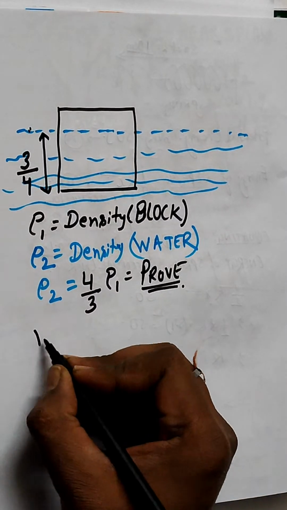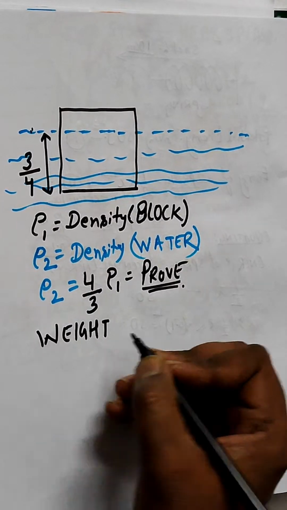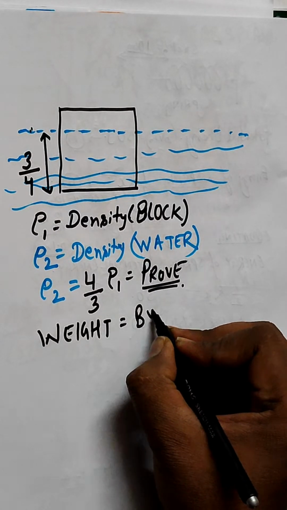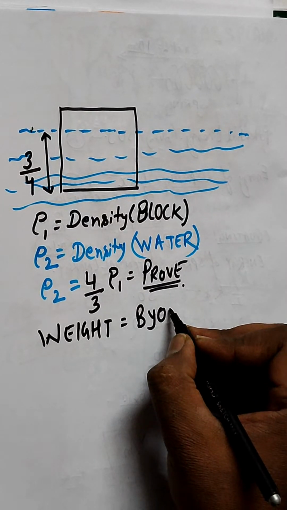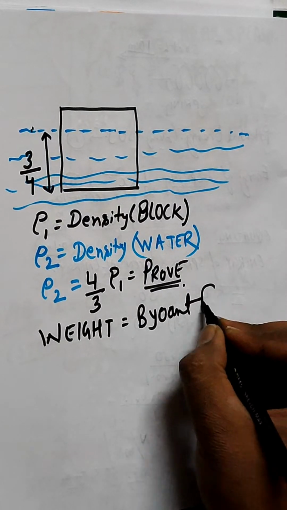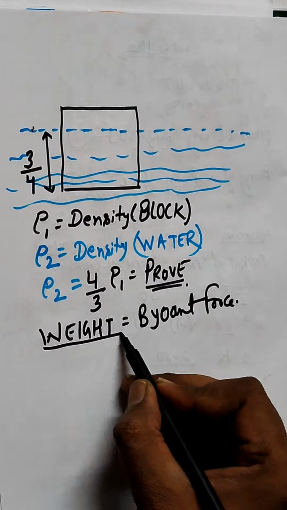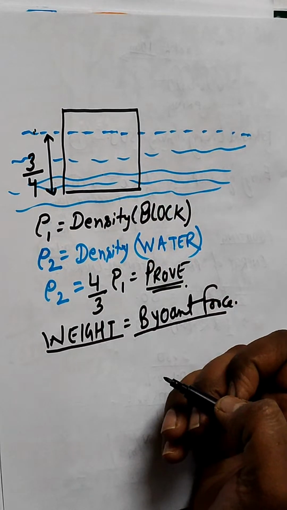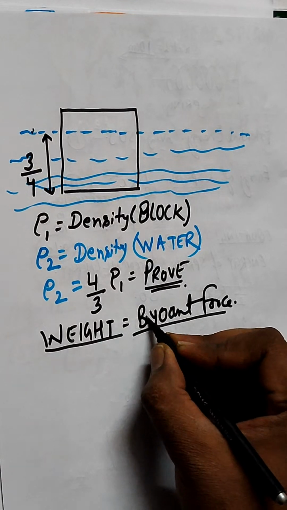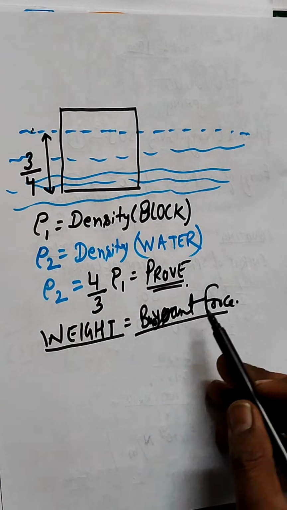The simple formula which we apply over it is, since the block is floating, the weight of the block will be equal to the buoyant force. What is the weight of this block?